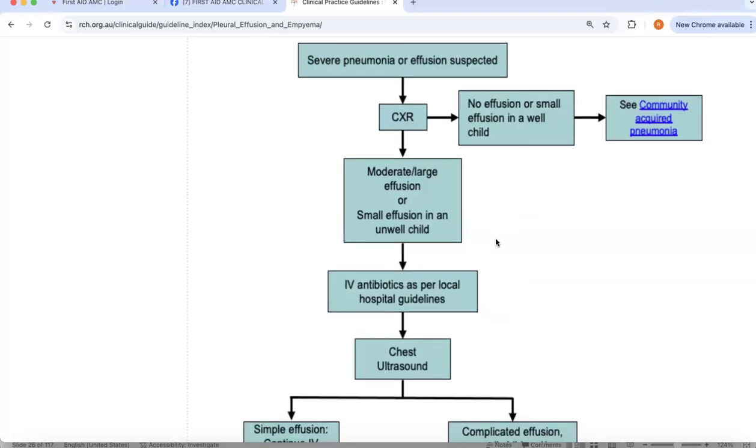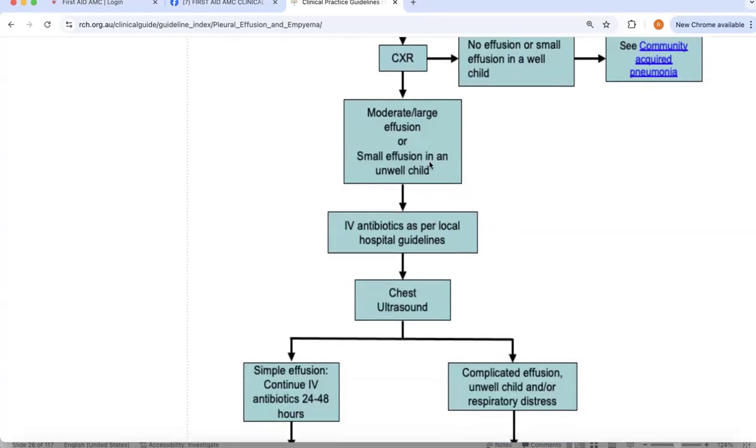So what would you do next? If you haven't done the chest X-ray yet, you do a chest X-ray to confirm if there is any effusion. If there is moderate or large effusion, or even a small effusion, but the child is unwell, you have to start IV antibiotic in that patient.